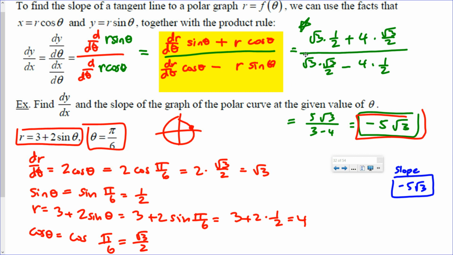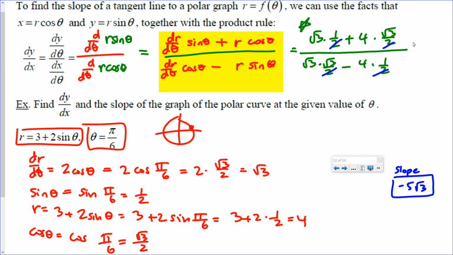The easiest way to do this, and you may or may not see this, is that everything has a 2 in the denominator, so you can multiply by 2 over 2, and the 2's cancel with each other. If you don't understand that, don't worry about it. Do it the long way. I'm really just multiplying by 2 over 2.